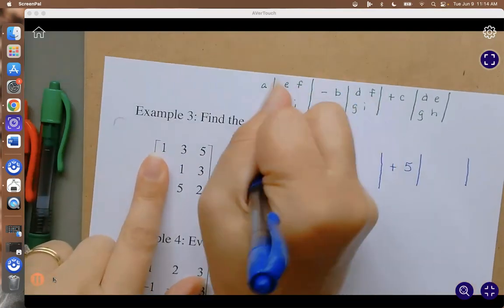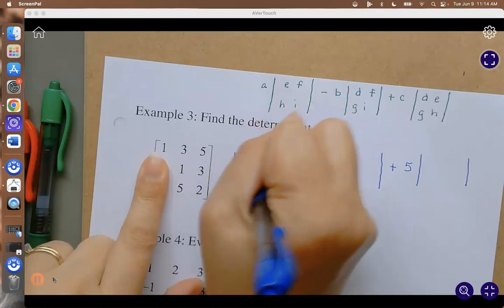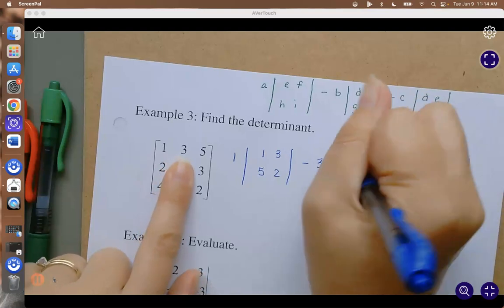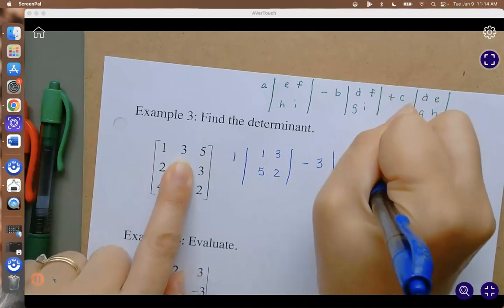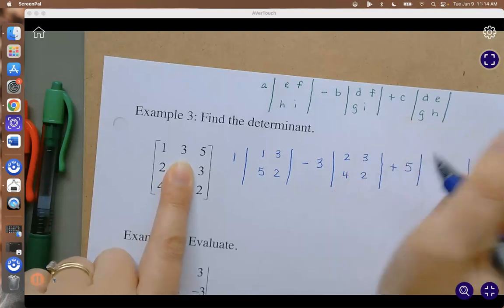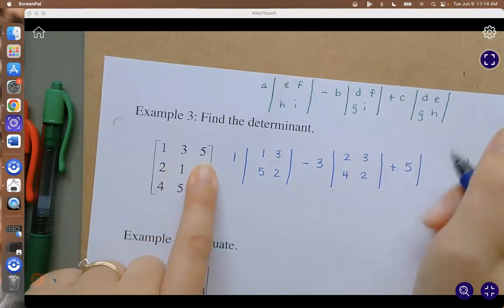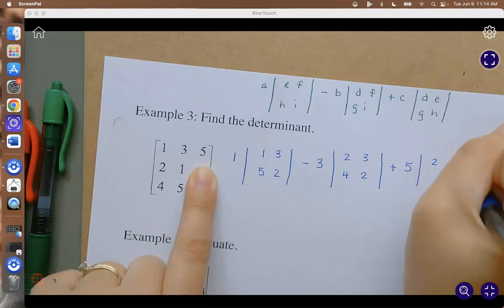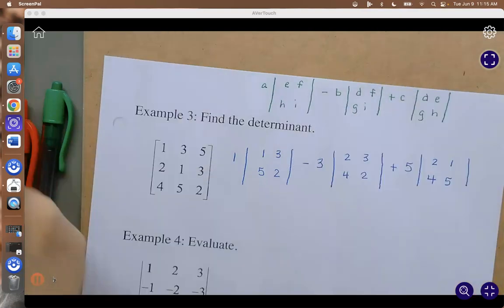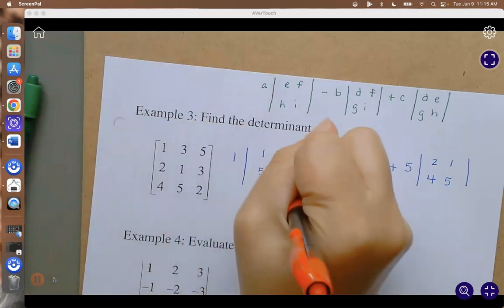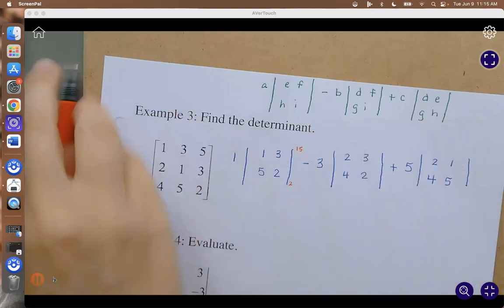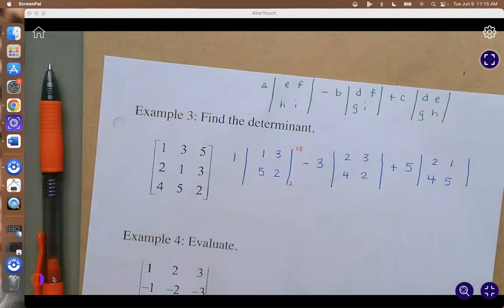I would put my finger there. 1, 3, 5, 2, 3. 2, 3, 4, 2. Then 5, 2, 1, 4, 5. Okay, so this is a 2, this is a 15. I'm just going to go ahead and do them all. Oops. I normally put that as a green.